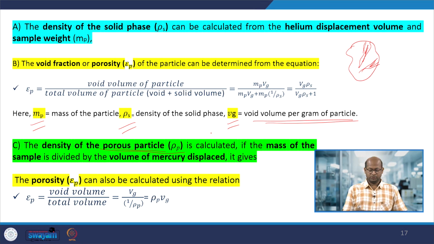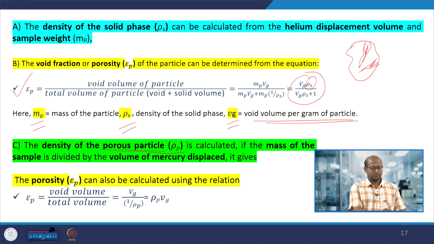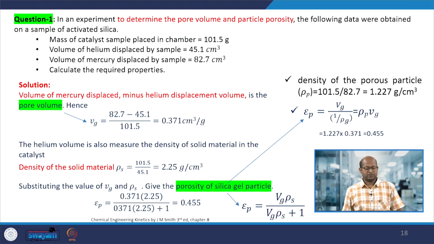If you know the volume of the gas, the void volume per gram of the particles, that is Vg, and the solid density, then we can find the void fraction. Using helium displacement and mercury displacement we can also find it. So rho p is the particle density and Vg is the void volume per gram of the particles. Using this we can calculate the void fraction.